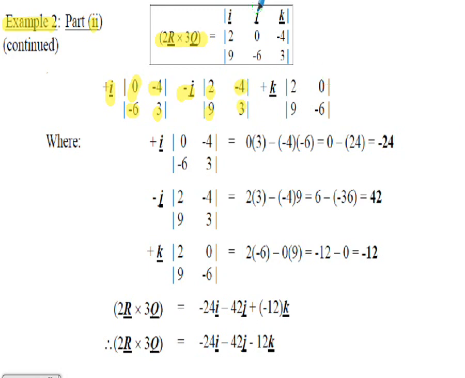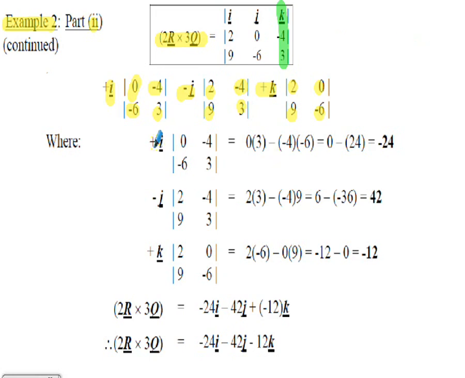And we get that by covering up the central column and reading either side coefficients. And finally we get the plus k determinant, which is 2, 0, 9, minus 6, and we get that by covering up the final column and reading the coefficient to the left.